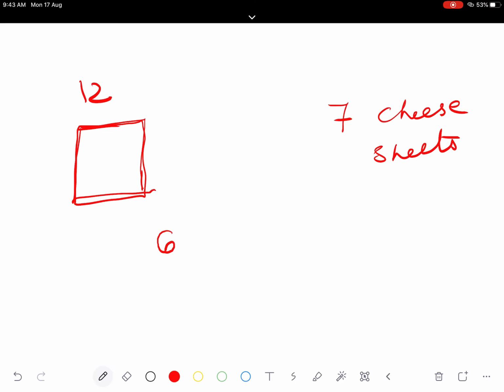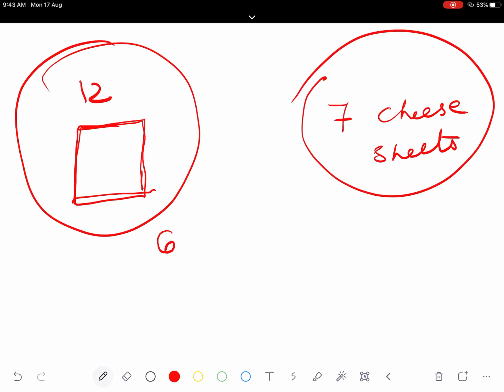Which is more in quantity here, which is less in quantity? Bread pieces or cheese sheets? Which is remaining unused? Bread pieces are less in quantity, right?